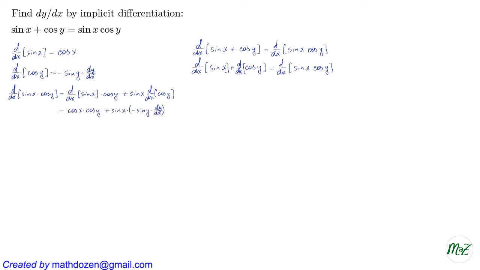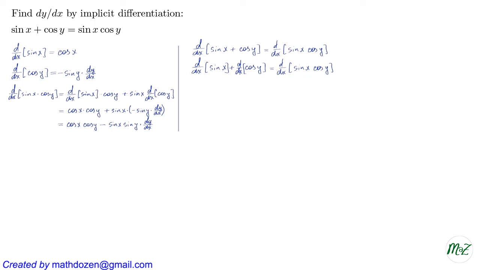And this ends up being cosine x times cosine y plus sin x multiplied by negative sin y times dy dx. So multiplying out and simplifying, we get that this ends up being cosine x times cosine y minus sin x times sin y times dy over dx.